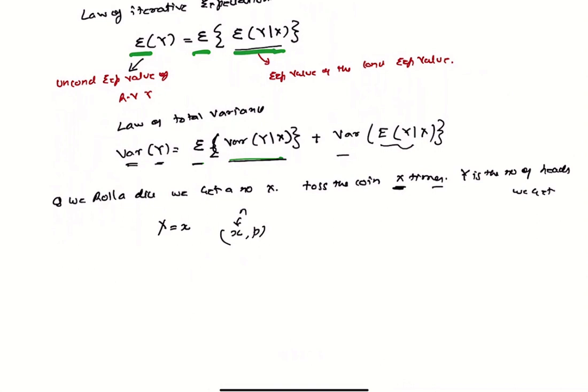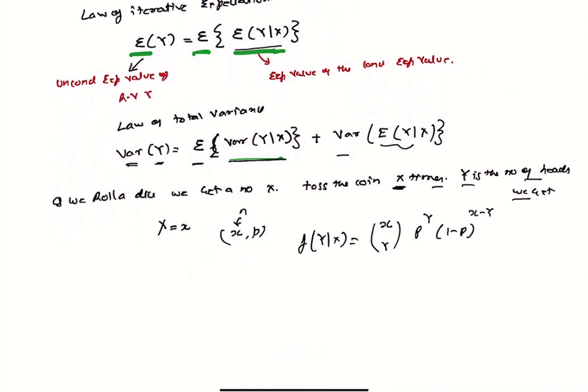So y is binomial with parameters x and p, where n is replaced by x because we know the x. So the conditional PMF of y is going to be x in place of n, choose y, p to the y, times 1 minus p to the x minus y, because y is the number of heads, or number of successes. So that is the PMF.